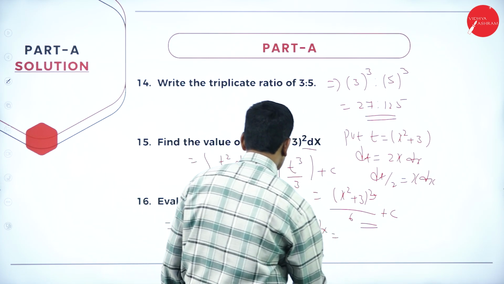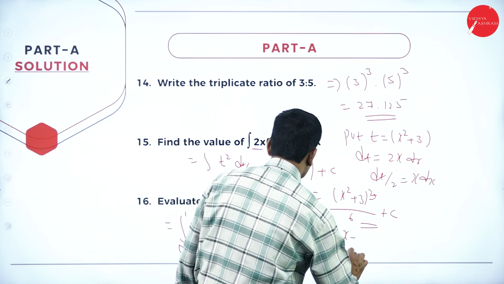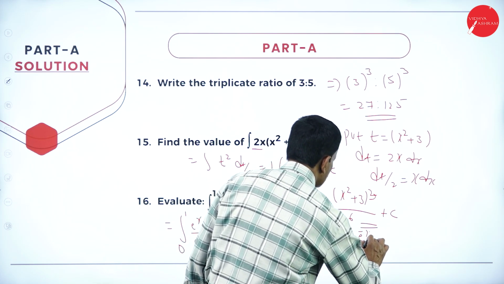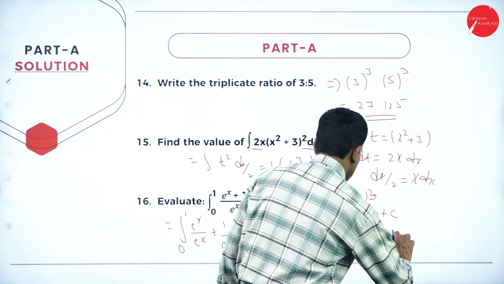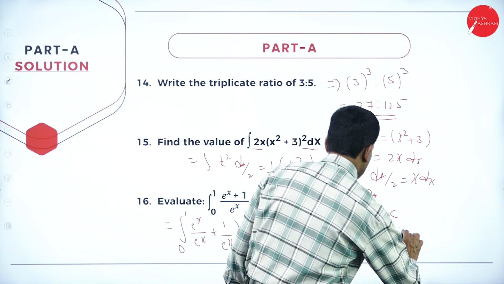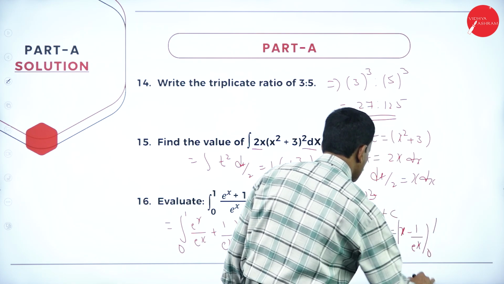Integration of dx is x and integration of e power minus x is minus e raised to minus x between the limits 0 to 1. This can also be written as x minus 1 over e raised to x between limits 0 to 1.